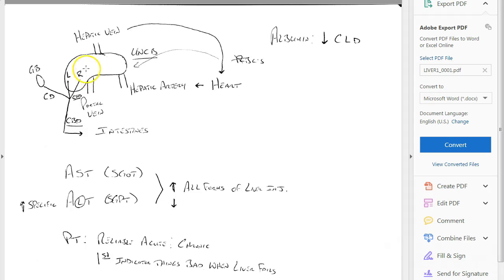It has nowhere to go. It can't escape out here. Its escape route is shut off. Hepatic ducts are closed.